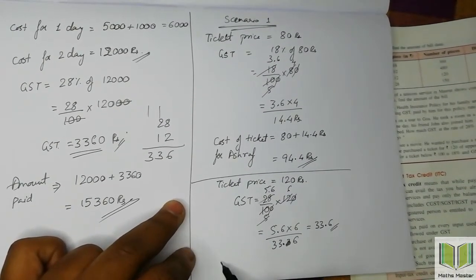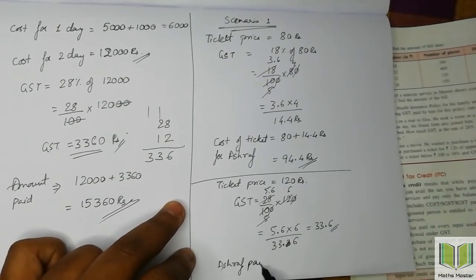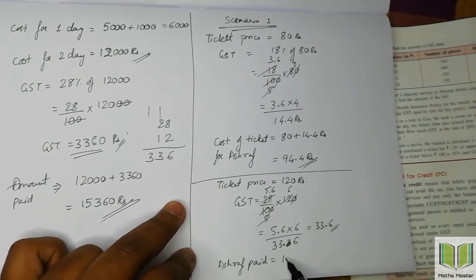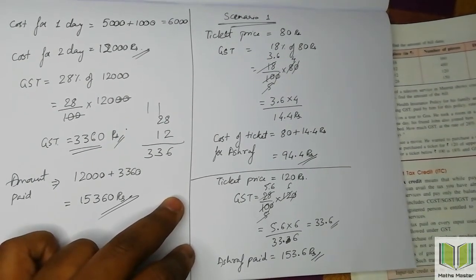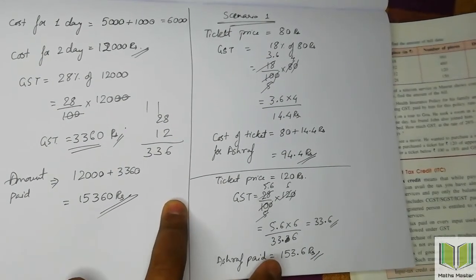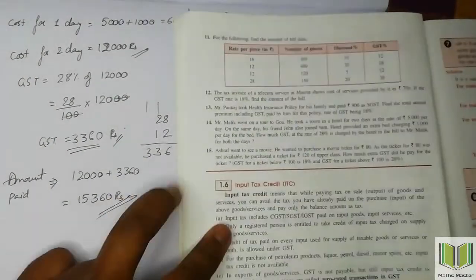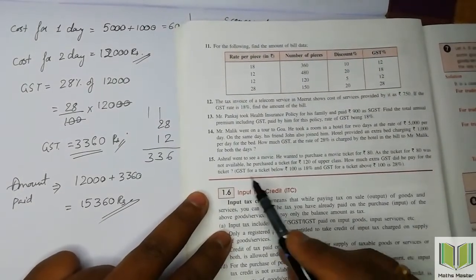So Ashraf paid 120 plus 33.6 is 153.6 rupees. He had to pay 94.4 rupees, but he paid 153.6 rupees instead. Now we'll see what the question is about. They're asking how much extra GST did he pay for the ticket.